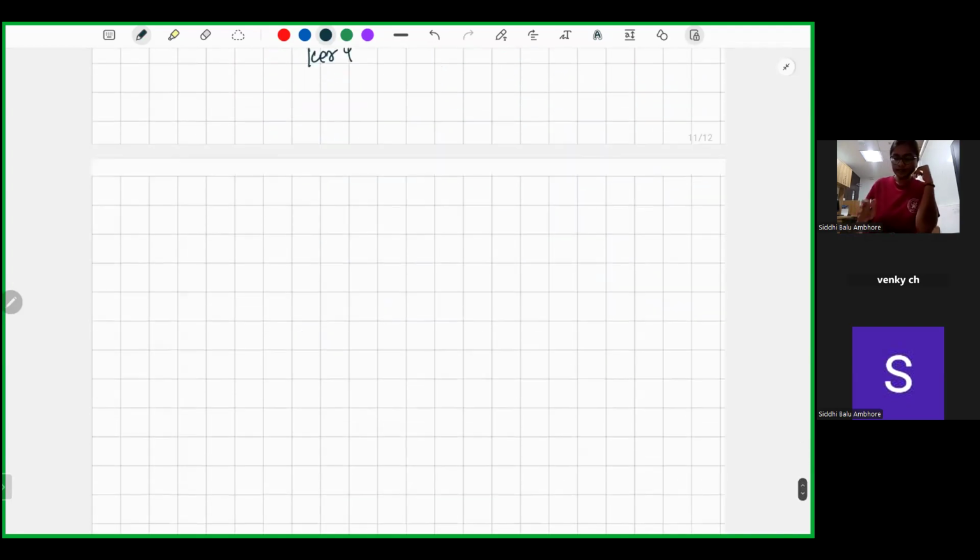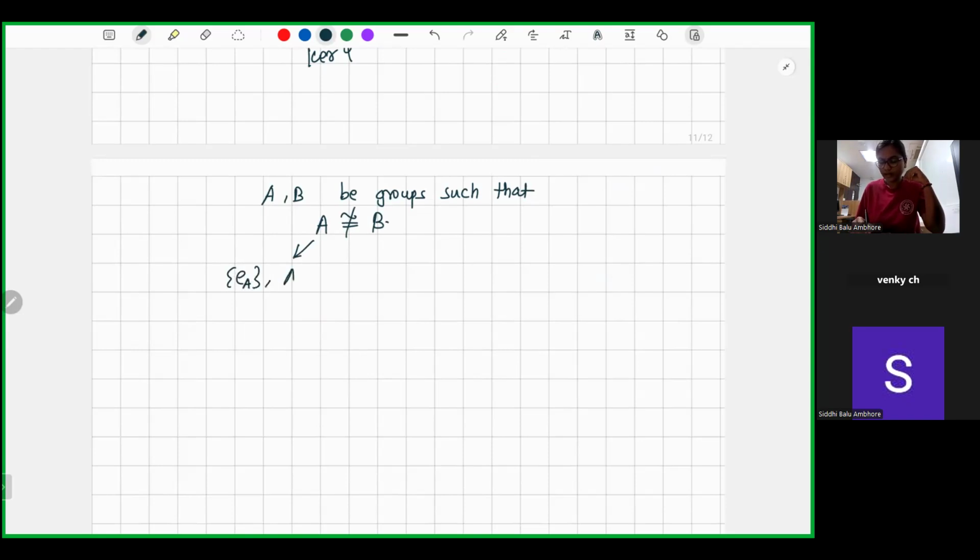And if you do not even want to go to some non-trivial example, understand that I can take any groups A and B such that A is not isomorphic to B. Note that EA and A are normal subgroups, and here also EB and B are normal subgroups.